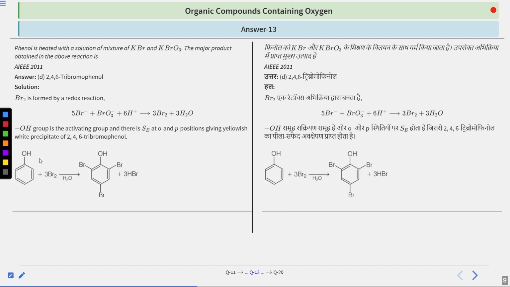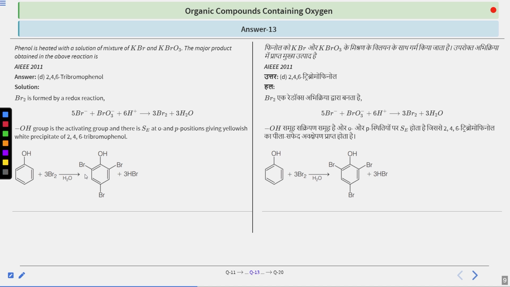So basically, when phenol reacts with the 3 molecules of Br2, which we have got from the redox reaction of KBr and KBrO3, what will happen? The ortho and para positions get activated, and the SE mechanism consists of 2 steps.